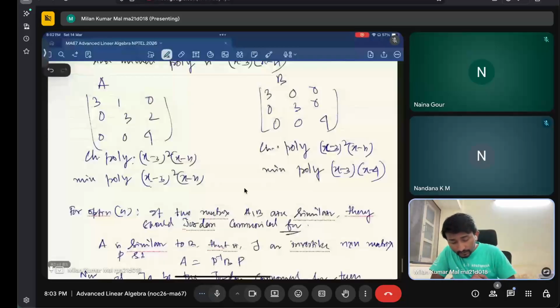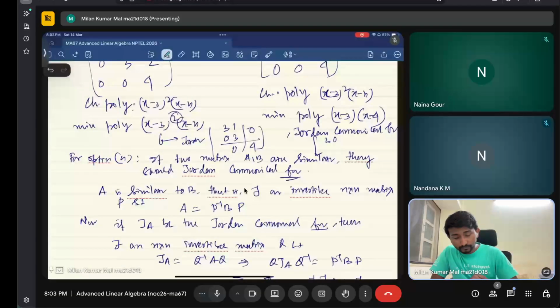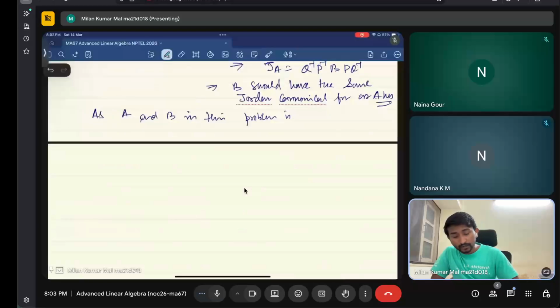So A and B in this problem do not have the same Jordan canonical form.